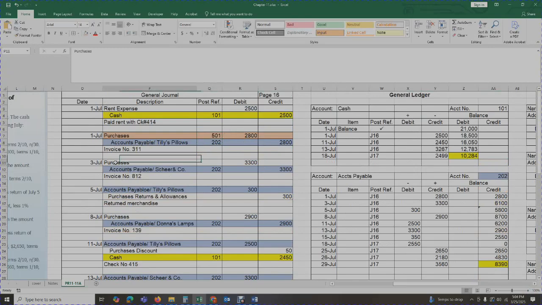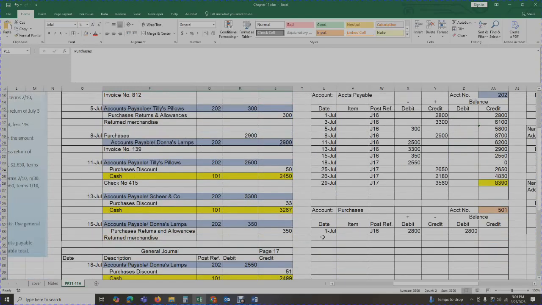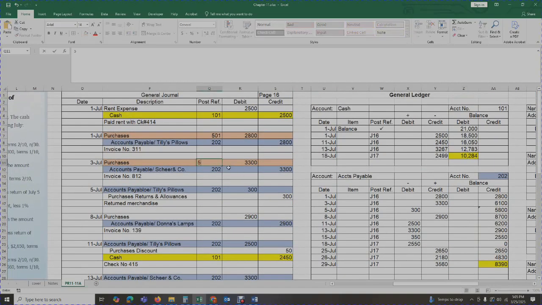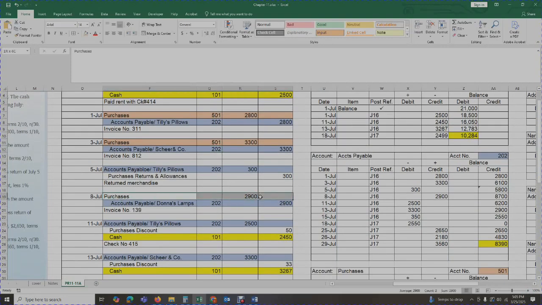Okay. On the 3rd, I have another entry for purchases. This is on July the 3rd. Journal 16. And I have a $3,300 entry. So that's going to be an addition. $2,800 plus my $3,300 will give you $6,100. I go back and I enter my 501 on my journal. Okay. On the 8th, I have another purchases of $2,900.